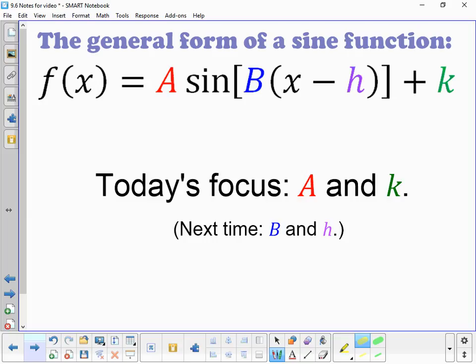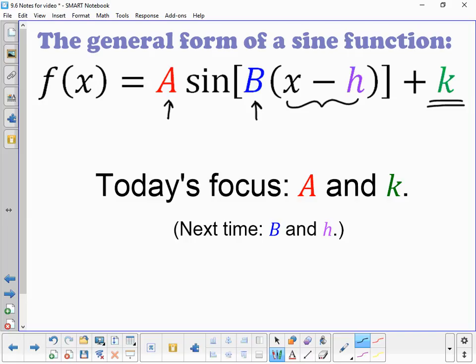So our sine function is going to look like this in general. We'll have our function notation, and then we'll possibly have a number in front of the sine, like 2 sine x or something. We possibly will have a number in front of our x minus h grouping, and we could have a constant being added to our function, usually at the end.